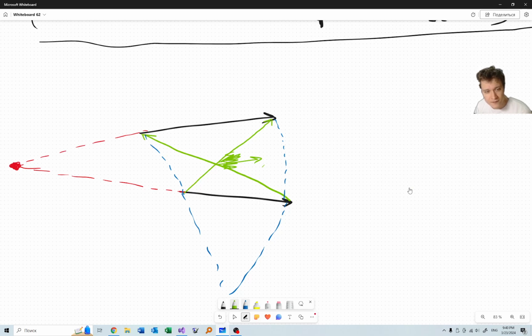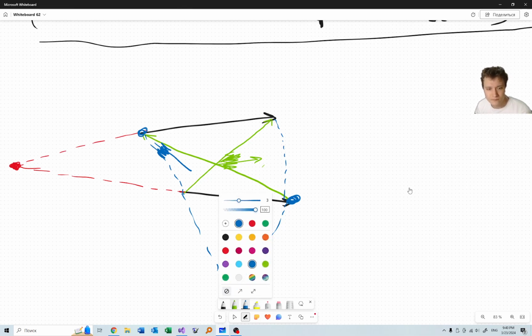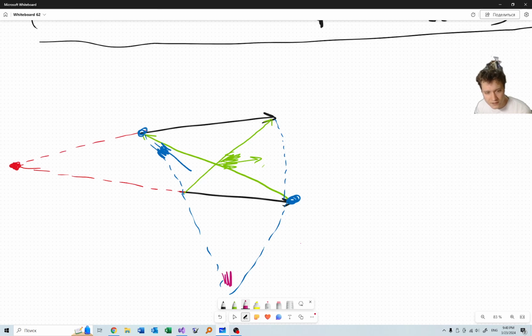The second type is this one. So all these directions, they intersect from this point to this point. Okay, the third type is these directions.